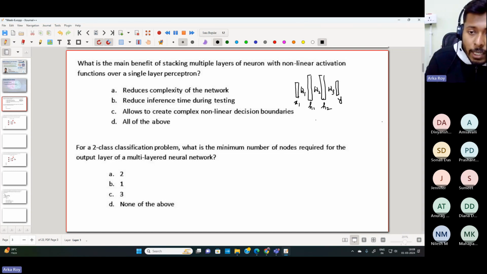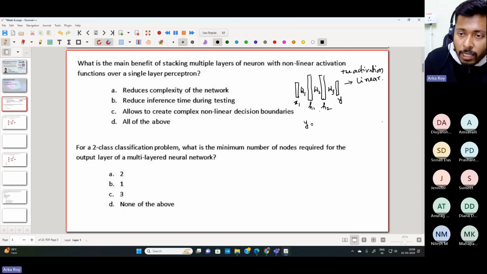So to get Y, let us consider the activation function is linear. There is no sigmoid or ReLU or any kind of thing, so we have linear activation in each of the neurons in the hidden layers and in the output layer as well. First thing that will happen is W3 into H2.